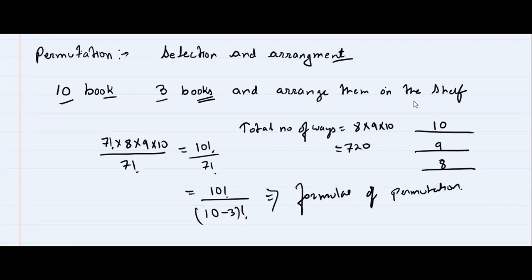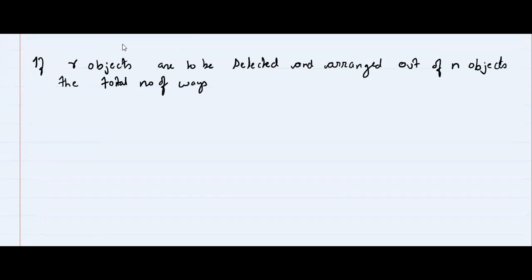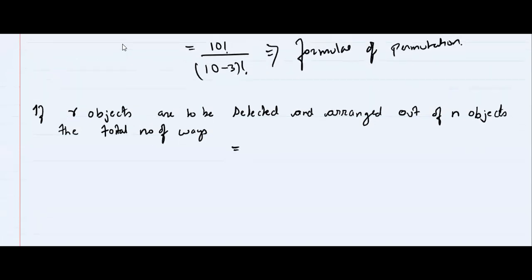So let's see what we can write in general. In general, I can say that if r objects are to be selected and arranged out of n objects, then the total number of ways is given by, if you see the previous example, 10 factorial was the total number.